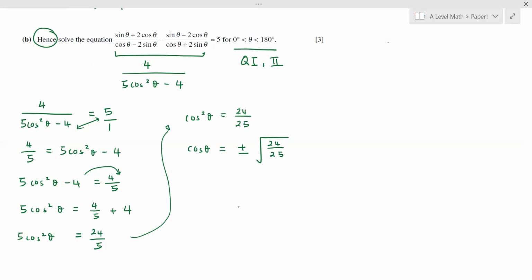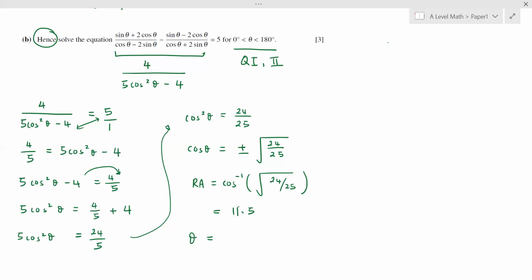This is positive and negative, meaning that your answer must be in quadrant 1 or quadrant 2 because you are positive and negative for cos theta. We need to find the reference angle first. That will give us inverse cos. Let's grab the positive one of that. And the reference angle is 11.5.